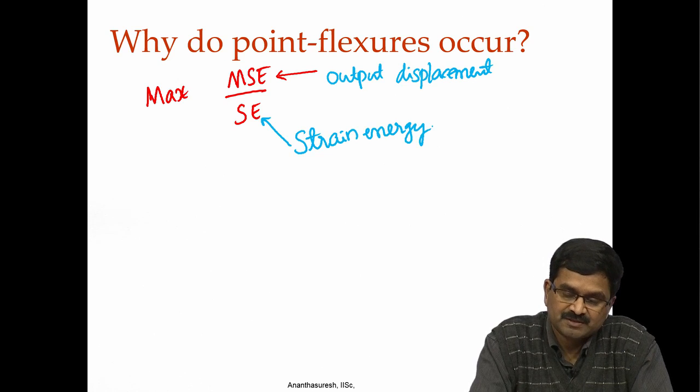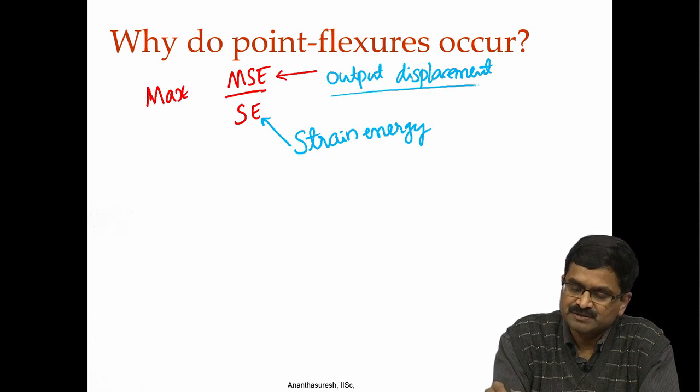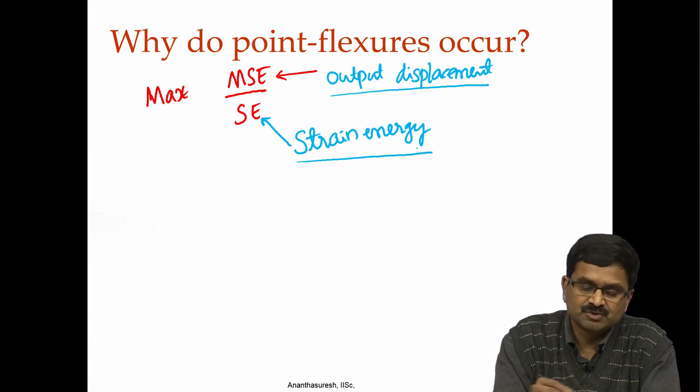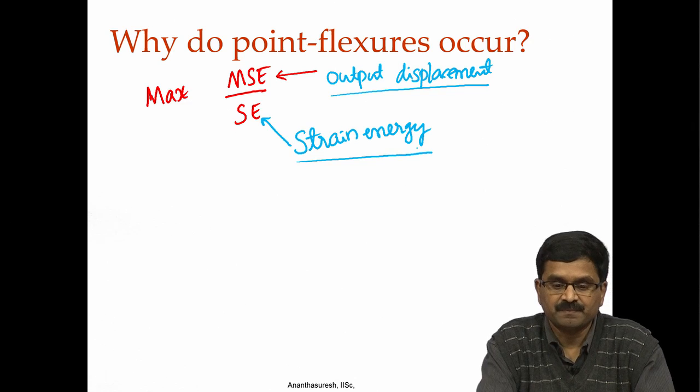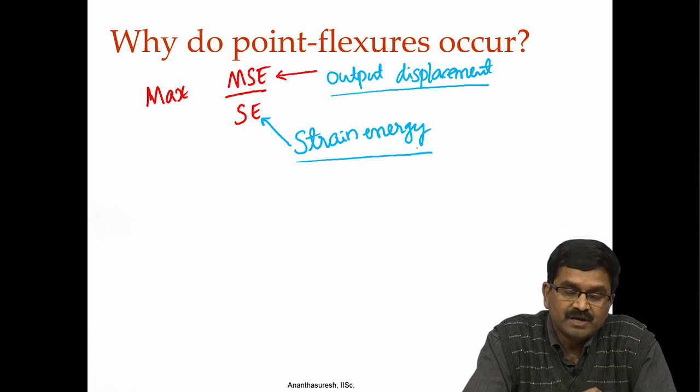So, ratio you can maximize if you maximize the numerator and minimize the denominator. So, on the one hand we want to maximize the output displacement, on the other hand, at the same time, we want to minimize the energy, so that the ratio will be large. Okay, now think about it. This can be achieved very easily or almost perfectly with a rigid body linkage.